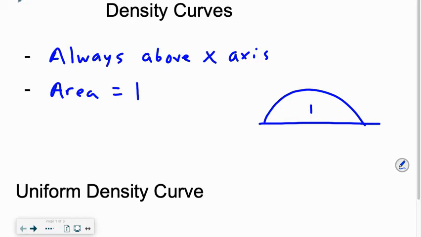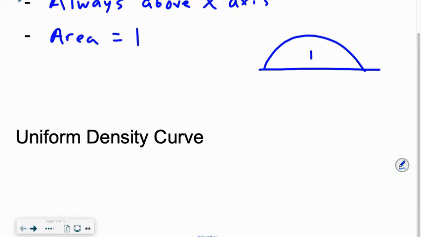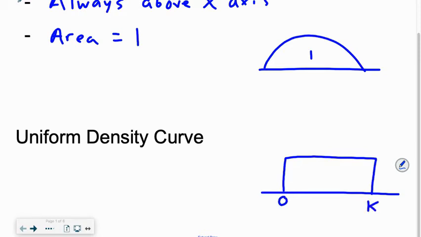A uniform density curve looks something like this, where it is the same height, basically a rectangle. We'll start at 0 and go to k.